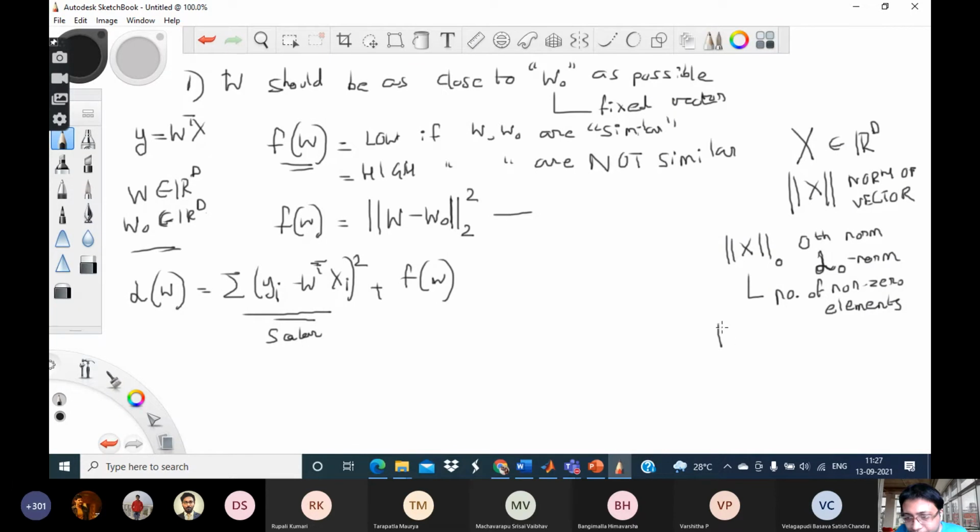Okay, now let us come to the next norm, which is the L1 norm. What is the L1 norm of a vector? It is defined in the following way.